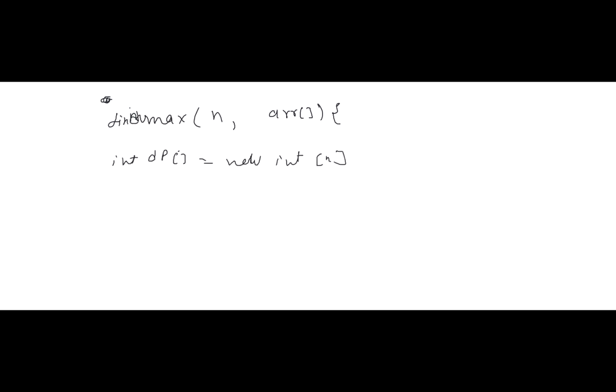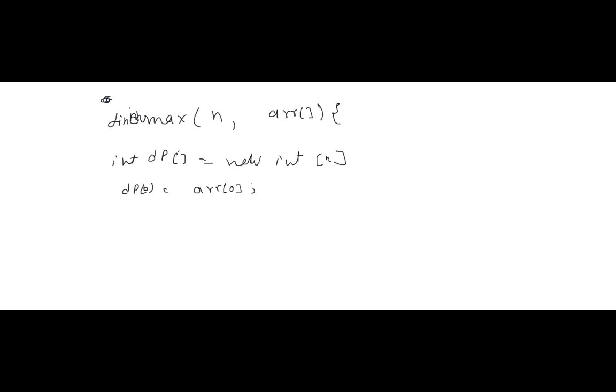Now DP of 0, what would be the DP of 0? DP of 0 would be ARR of 0, because if we have only a single house, anyway we have to steal from that house, right? Because we don't have any other option. So the maximum money would be the money we are going to steal from that house. That would be DP of 0.